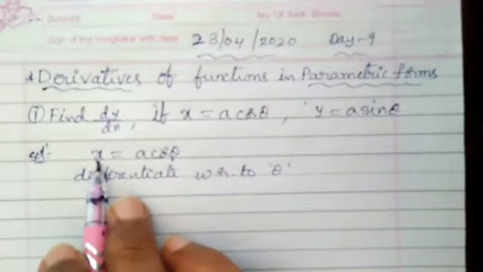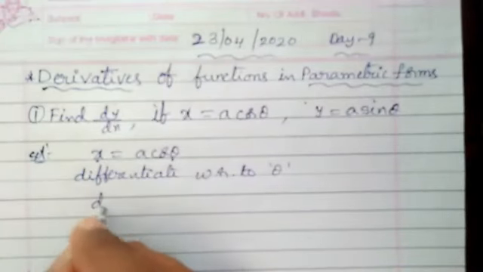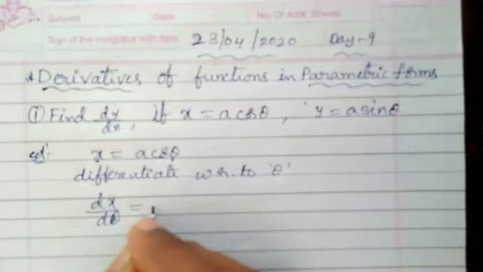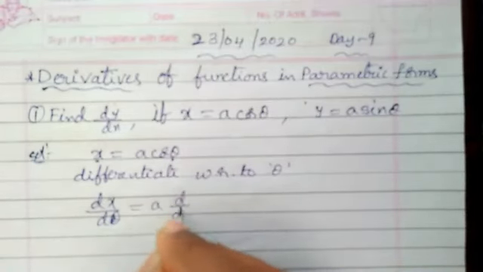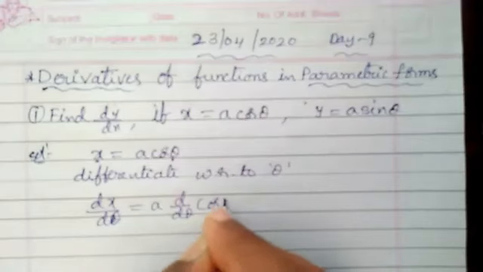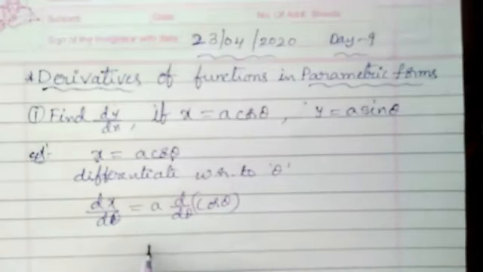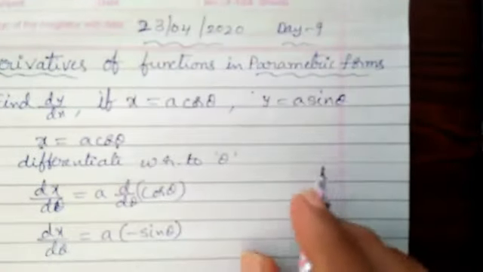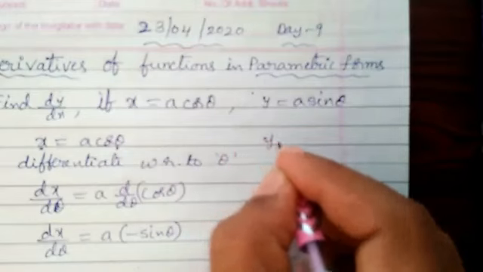Now dx by d theta is equal to a into d by d theta of cos theta. So dx by d theta is equal to a into minus sin theta.